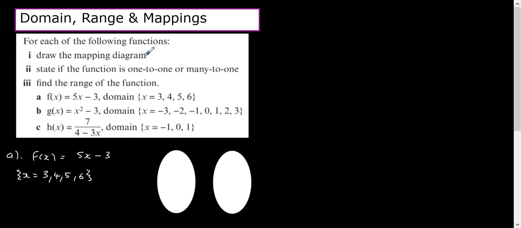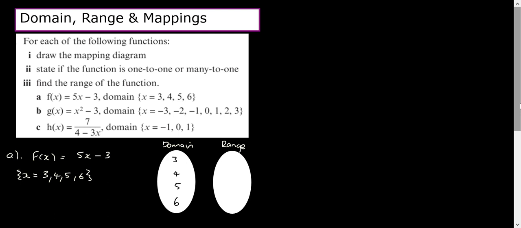For a mapping diagram, we use these 2 ovals, and all we do is put the elements of the domain in the left-hand oval. From our question we have 3, 4, 5, and 6. And on the right-hand side, we have what's called the range.